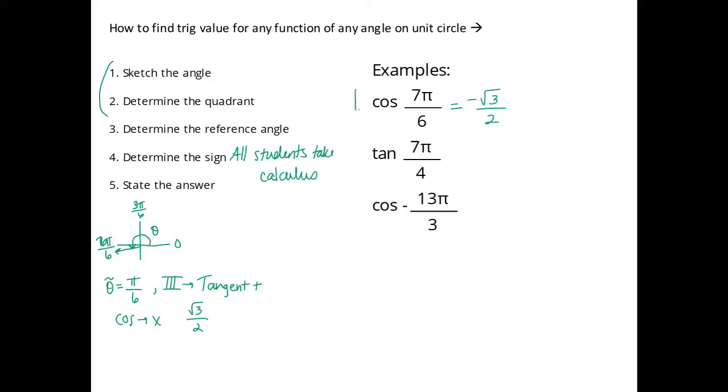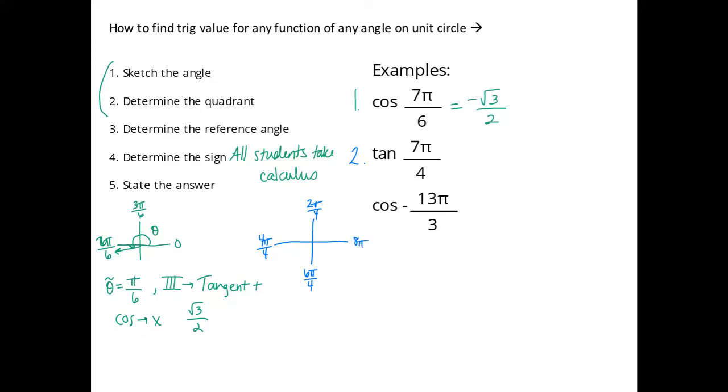All right, let's try another one. I'll switch colors here. So for example 2, we're going to look at tangent of 7 pi over 4. Again, start with a sketch so we have an idea of what we're working with. We've got 2 pi over 4 up here, 4 pi over 4 at pi. This would be 6 pi over 4. And we're not there yet.